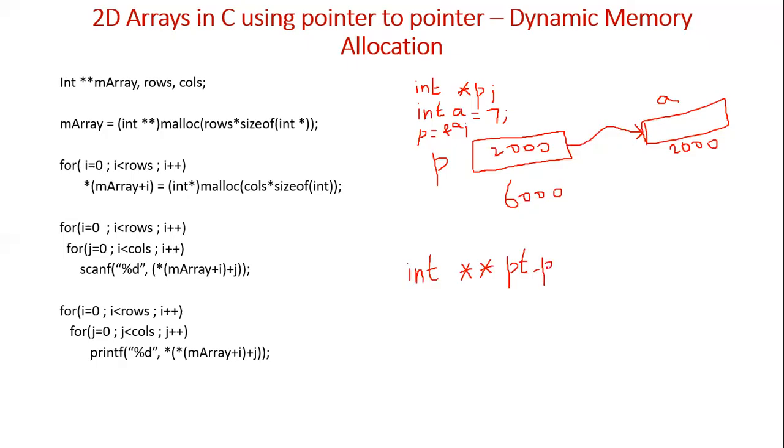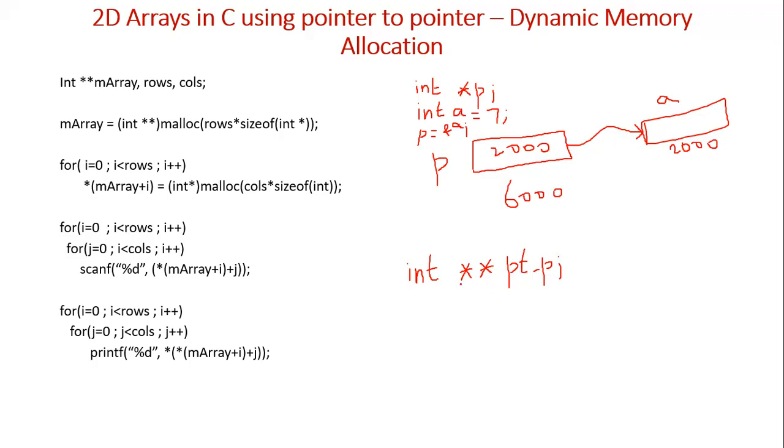So what does this mean? Here there are two stars, so we are using the indirection operator two times. When you use the indirection operator two times, then that variable is called a pointer to pointer.